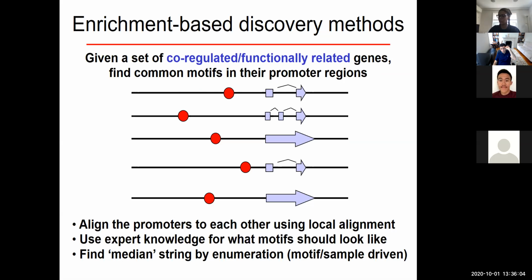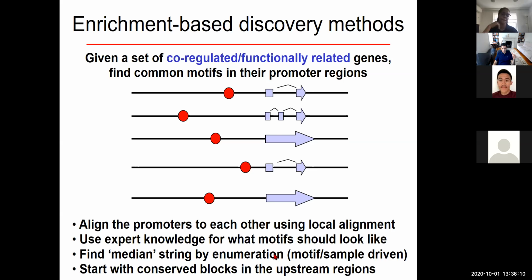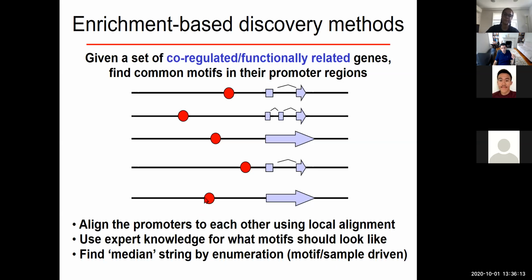A third way is to look for a median string by enumeration. You could basically look for all of the possible k-mers. I just enumerate all k-mers, and then I ask, is any of these k-mers a median string that matches commonly across all of these genes?